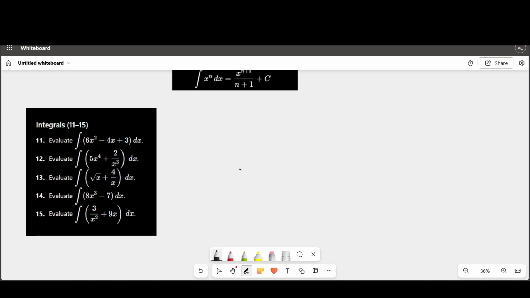So we have to rewrite that. We have 3x plus 9x. I don't think you have to do anything with 9x. Or do you? Let me just see. Let's use the power rule.